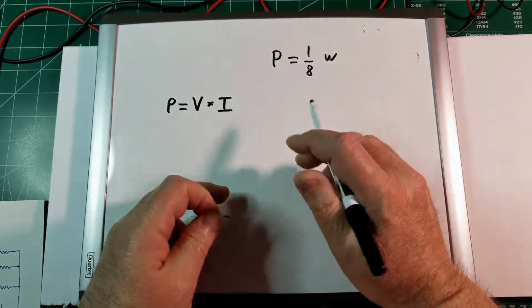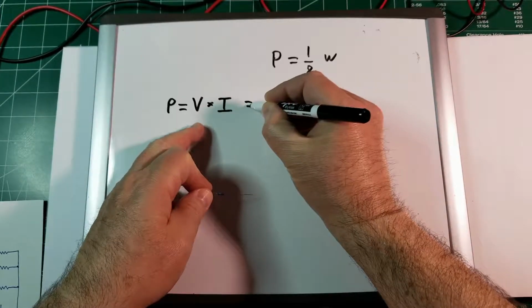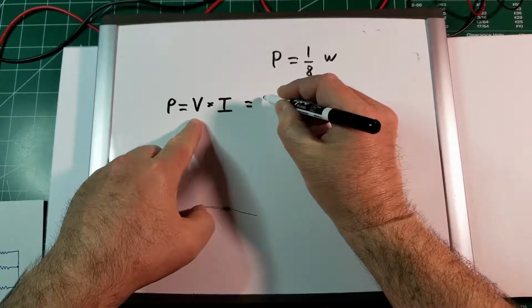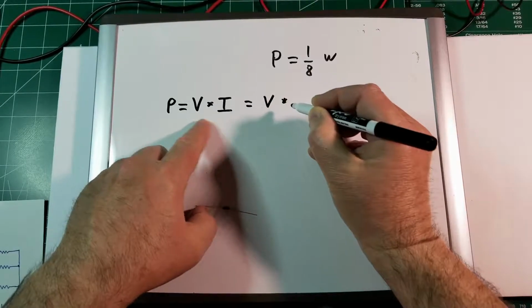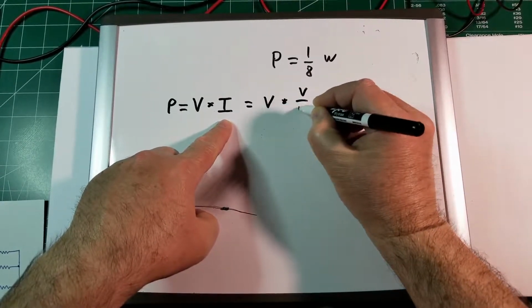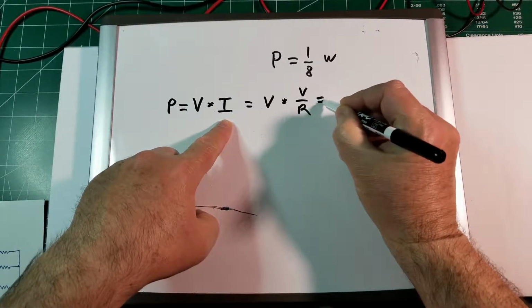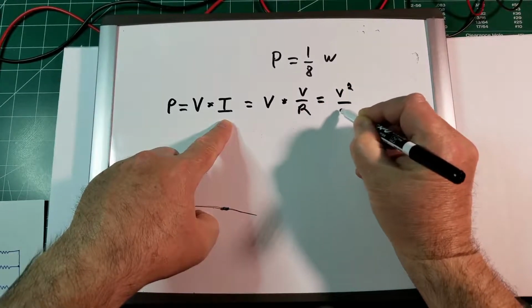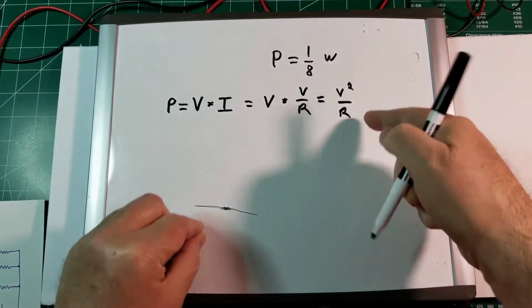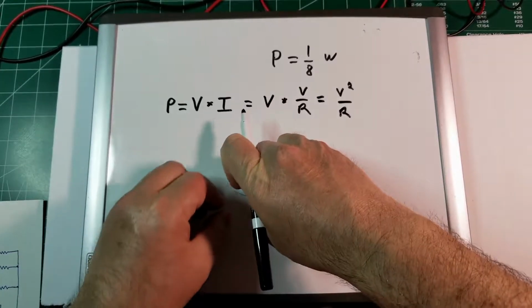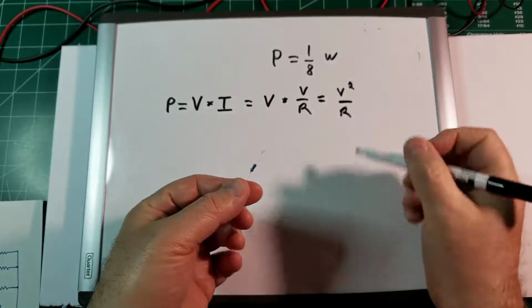By Ohm's law, we know that we can rewrite this in other terms. Instead of writing I, I could write V over R, right? So this can be expressed also this way. This is still the power dissipated by the same resistor.